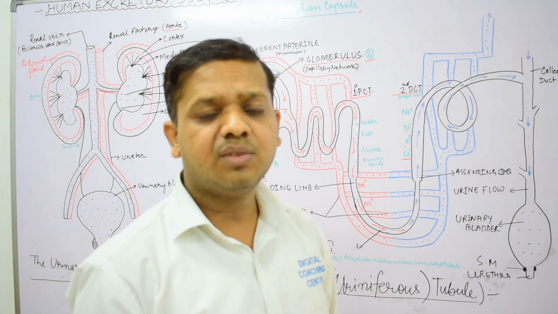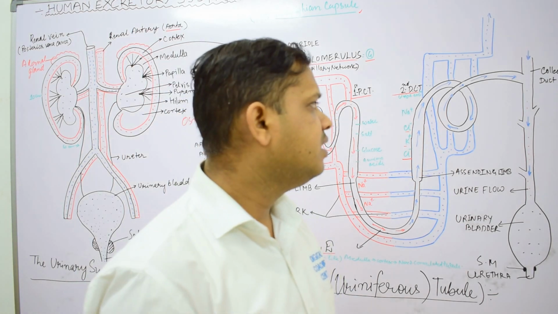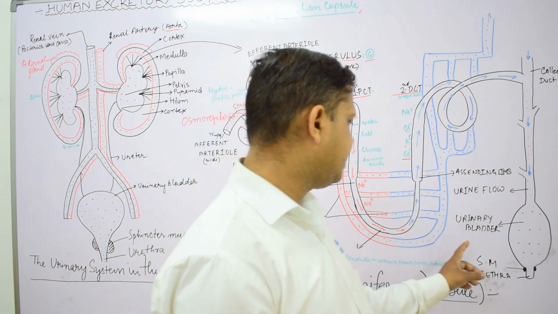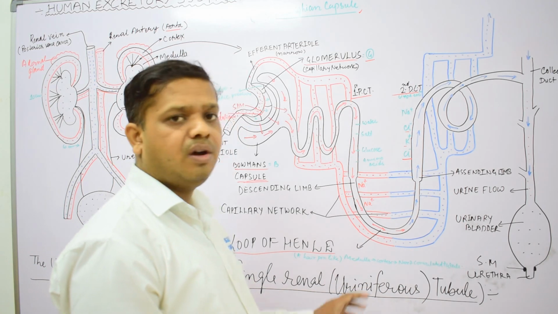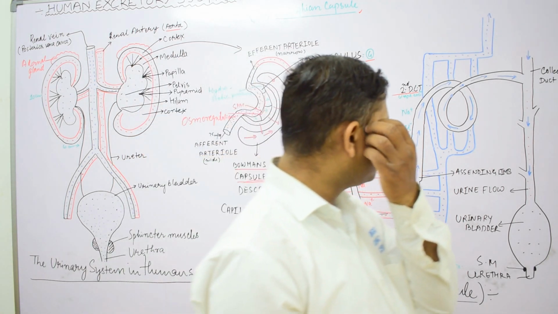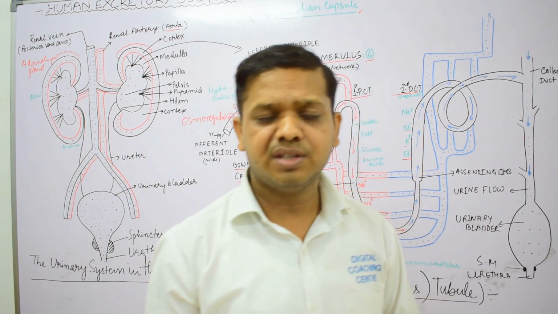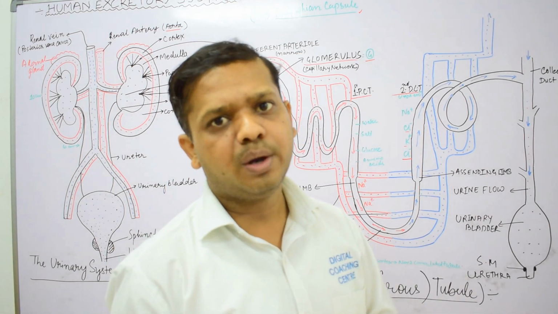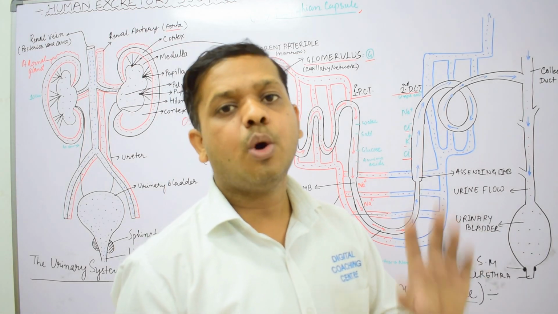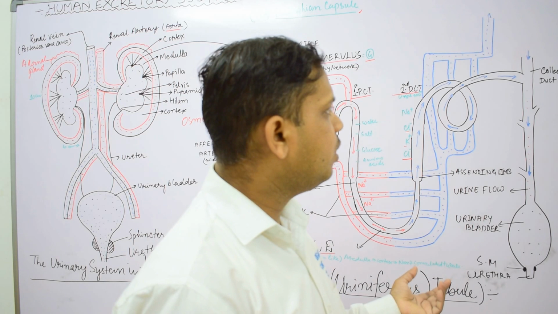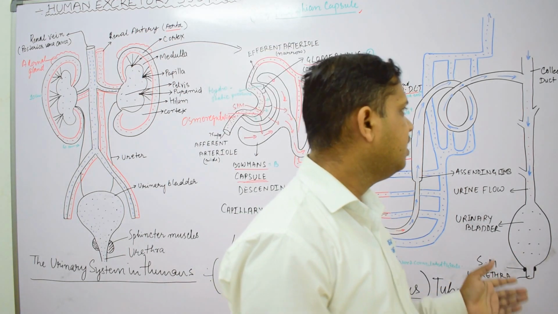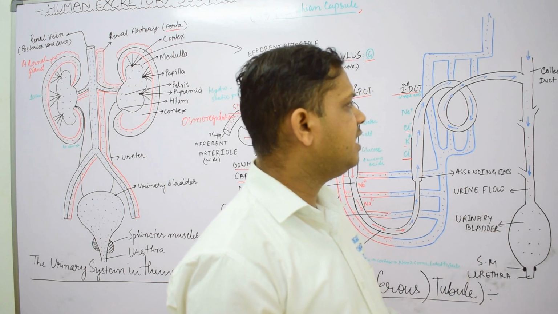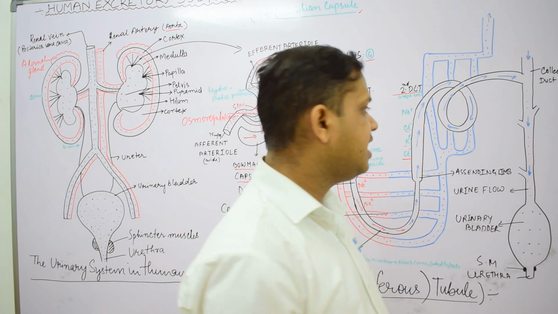Now we'll understand the composition of urine after filtration with the help of a single renal uriniferous tubule. It has two parts. One is known as inorganic and the second is known as organic. When you talk about inorganic, many important components are found: NaCl, KCl.